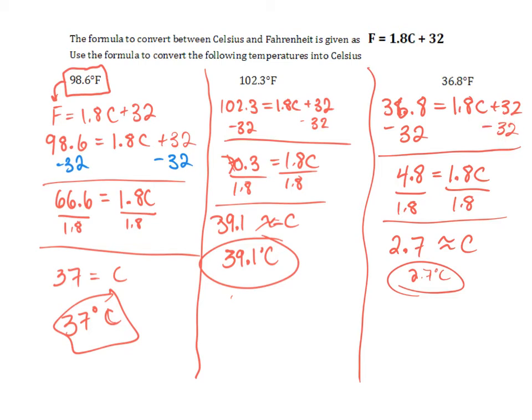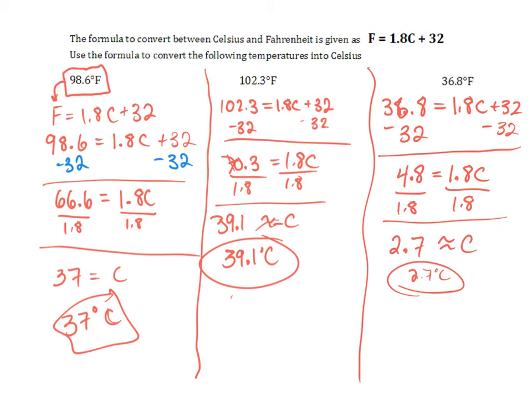I subtracted 32 from both sides, and then I divided that quantity by 1.8, and I got my final value of 2.7. So 36.8 degrees Fahrenheit in an equivalent Celsius conversion is 2.7 degrees.